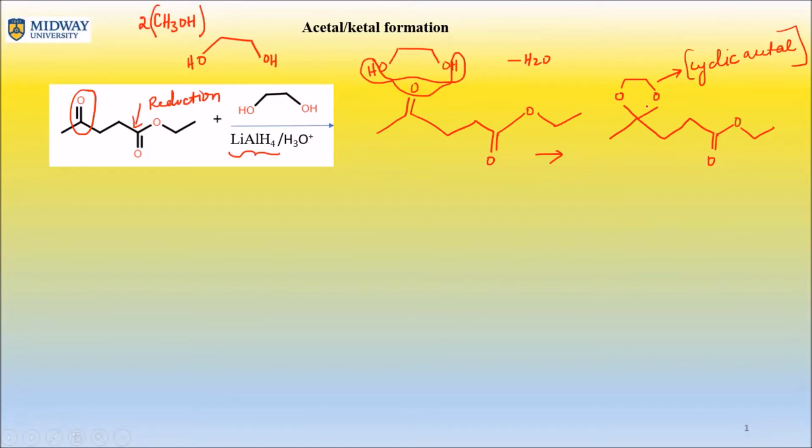It can be reduced. So what happens when you add your lithium aluminum hydride and H3O? Well, basically I can tell you that you're going to add an OH and a hydrogen here. Okay, this bond breaks. Okay, this bond breaks. Now again, I'm not telling you to be robotized to memorize this.